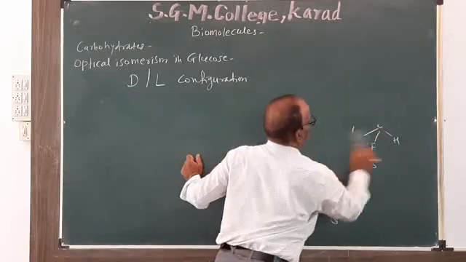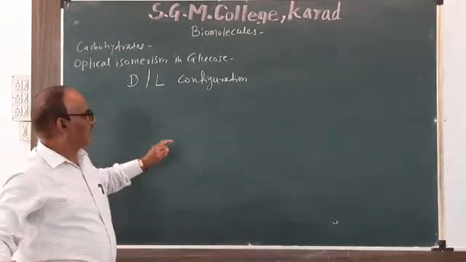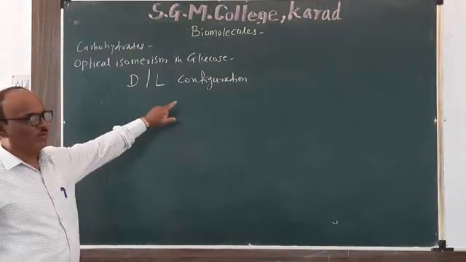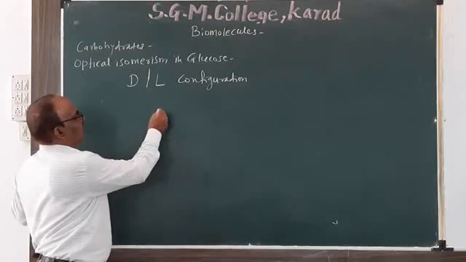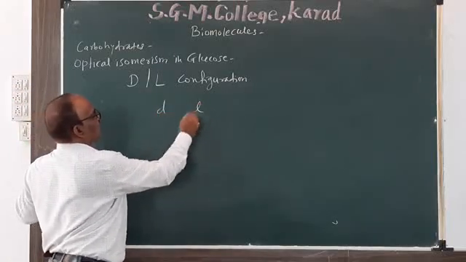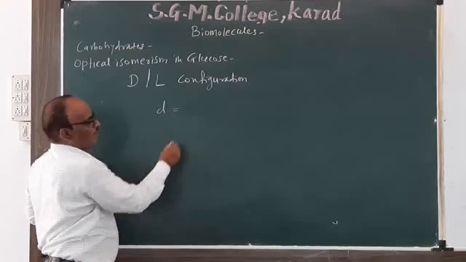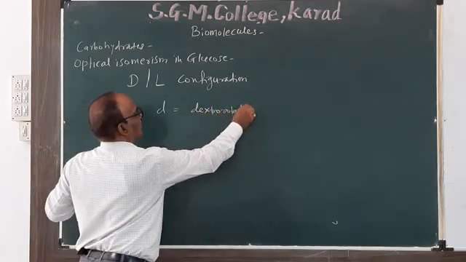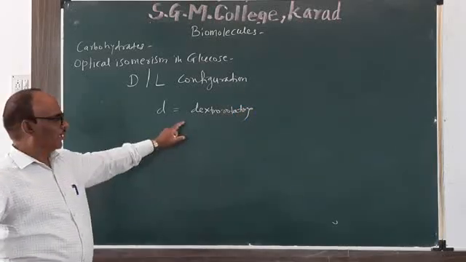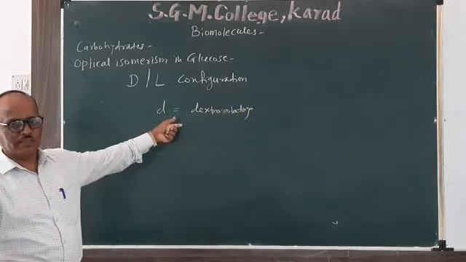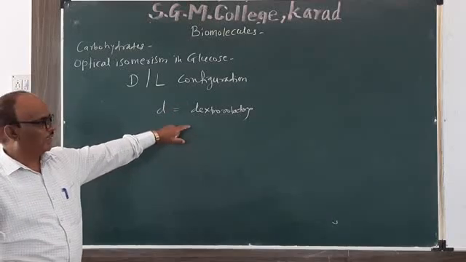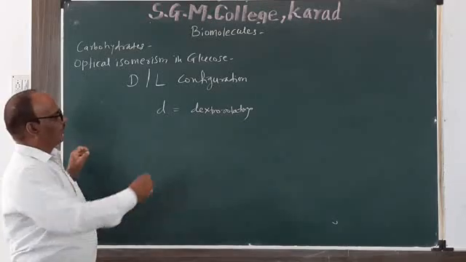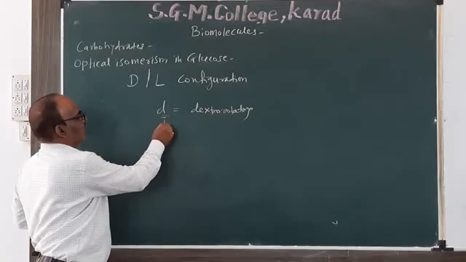So in case of glucose, we have to study the DL configuration. What is the meaning of capital D or capital L? Don't confuse between small d and small l. Small d means dextrorotatory. This value can be determined by experimental value. If it rotates in the clockwise direction, then the compound is called dextrorotatory, and it is represented as small d or plus sign.